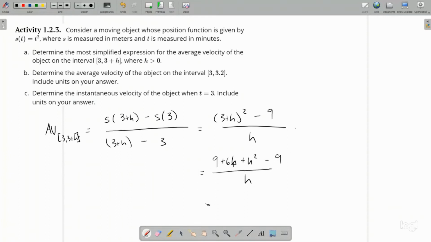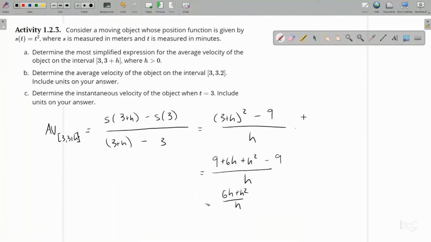These 9's cancel out. You have 6h plus h squared over h. You can factor out an h from the top, and they'll cancel out the h on the bottom. I'll go ahead and write out the factorization step. h times 6 plus h, over h. Then those cancel out, leaving you with 6 plus h. And so that is the most simplified expression for this average velocity.